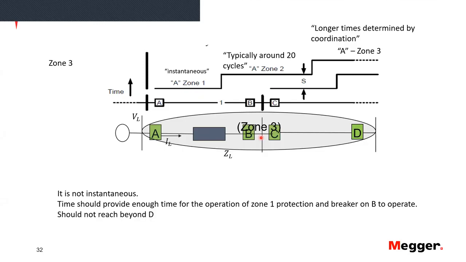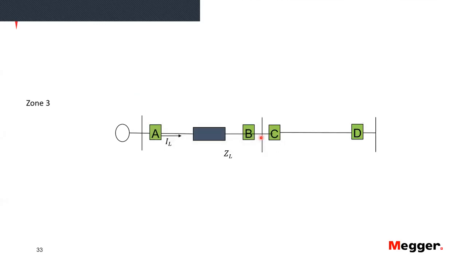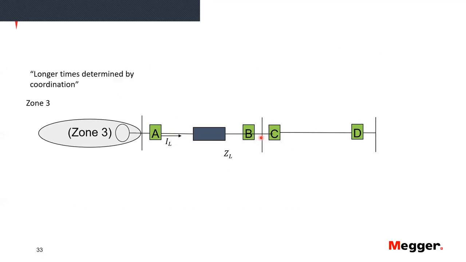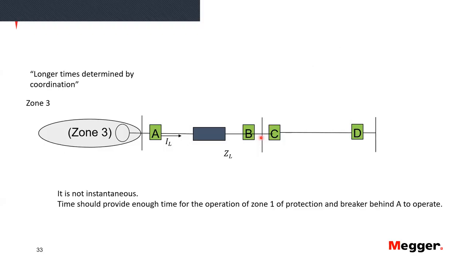It's also typical to have zone 3 looking behind the relay. Again, the times here should be longer, determined by coordination, and it's also not instantaneous, and it should also give time for the relays that should be behind A to operate, but it should only trip for faults behind the relay where they are implemented.